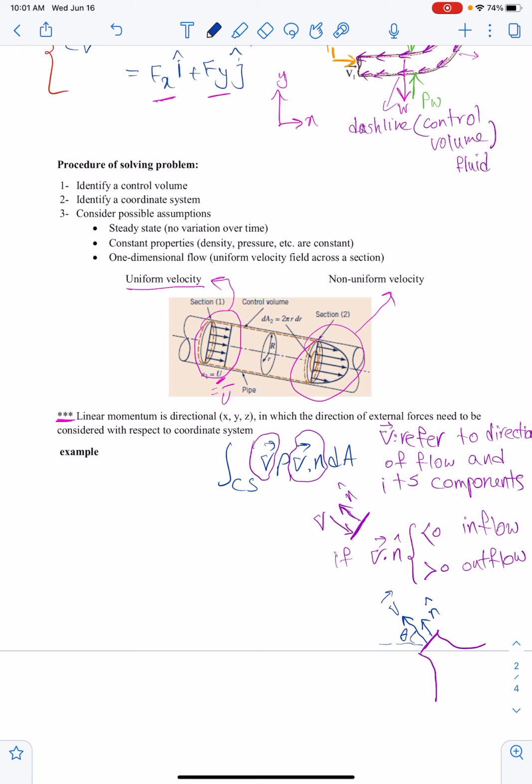If we consider that one, our V is equal to Vx i plus Vy j, right?